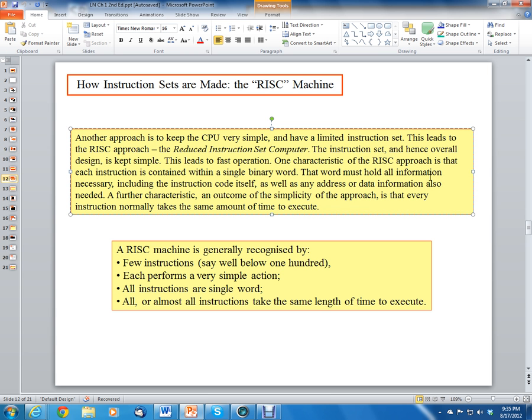You just need to control a basic operation, send some data, things like that. So you want a very simple CPU with a limited instruction set, and that's called a reduced instruction set.